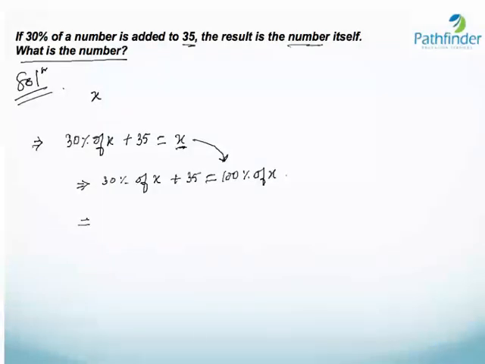Now this should have been actually done orally, and we get 70% of x is equal to 35, and which means x is equal to 50. So you saw, by writing this basic equation, we are able to answer this particular question.